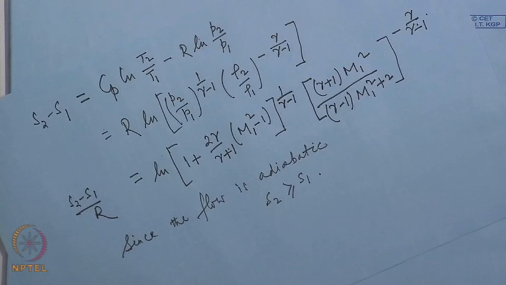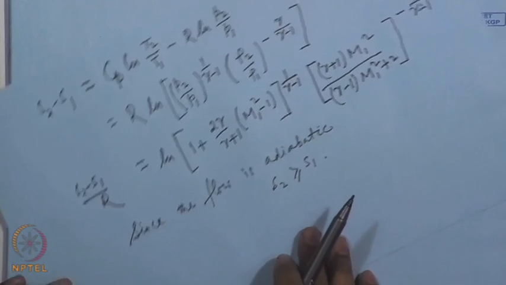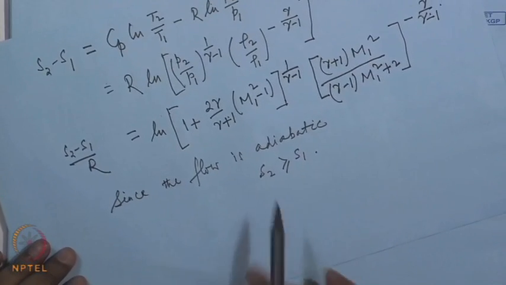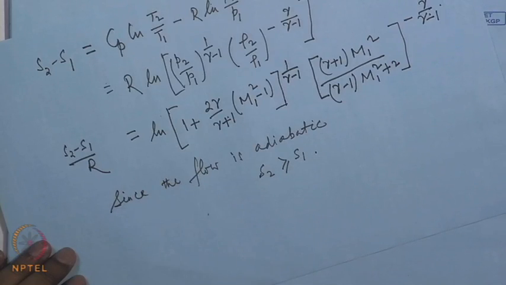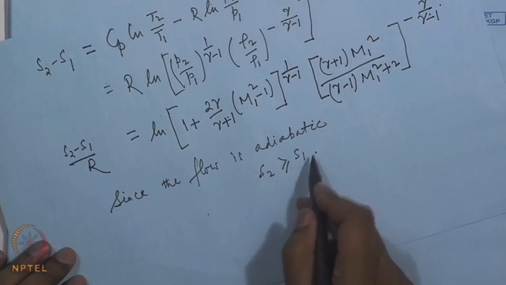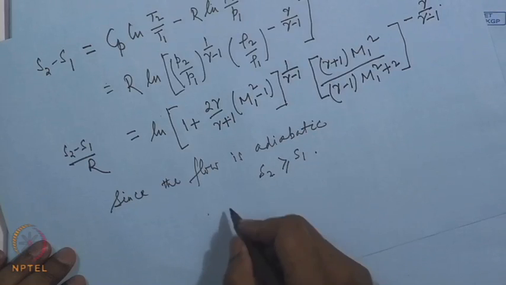The relation shows that if M1 is less than 1, then S2 minus S1 by R is negative, and this condition is satisfied only if M1 is greater than 1.